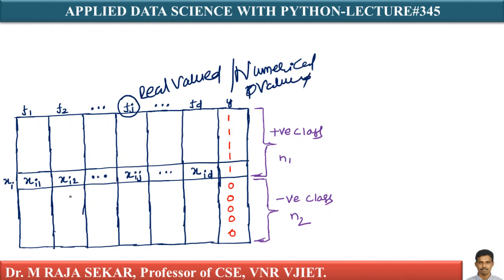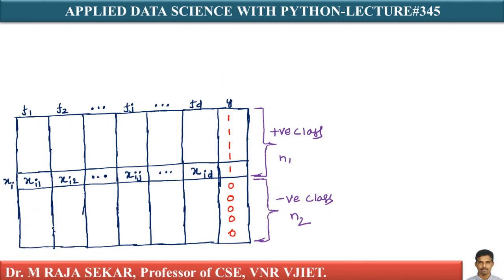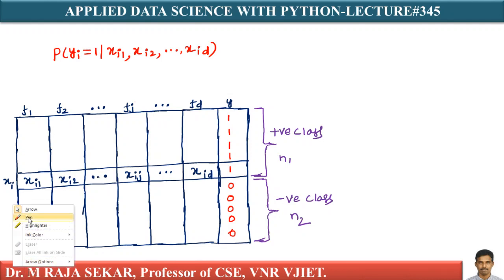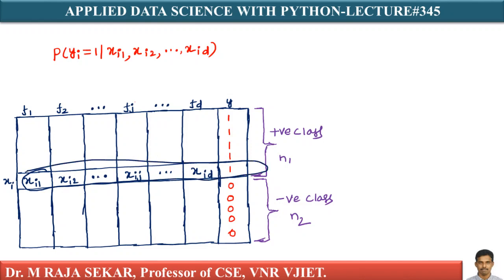What does naive Bayes say? What is the probability of yi equal to 1 given xi1, xi2, and so on, xid? These are the values of xi, which is in the positive class. This is my xi point, with the corresponding values for the different features.